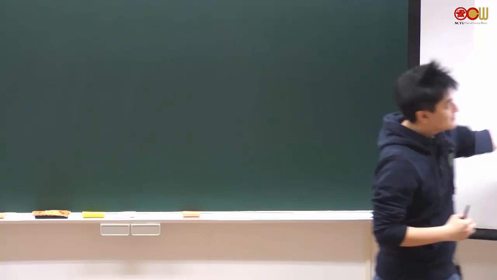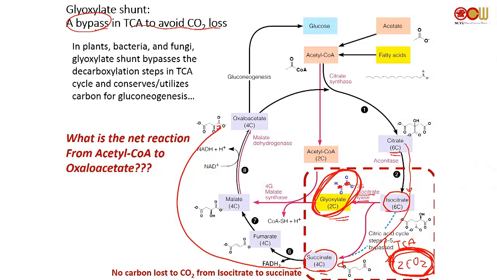So in this pathway, we don't want to talk about TCA. We only talk about the glyoxylate shunt. All right, so in the pathway here, what's the net reaction?